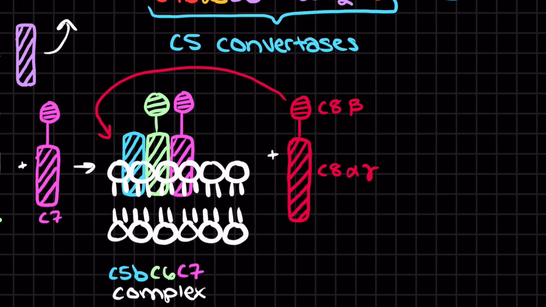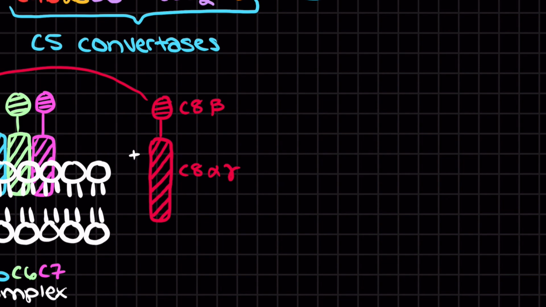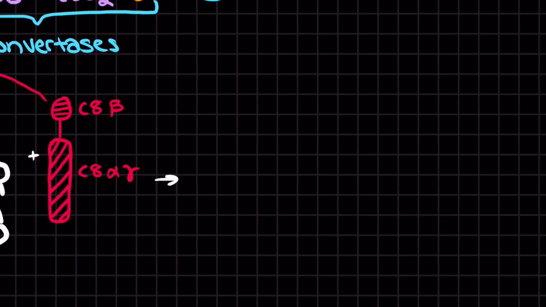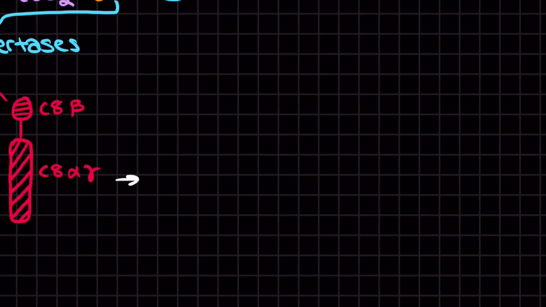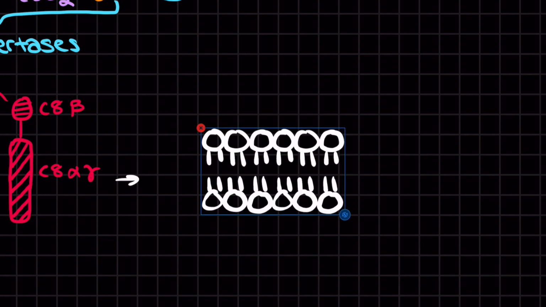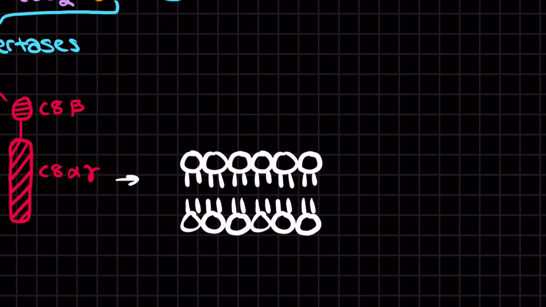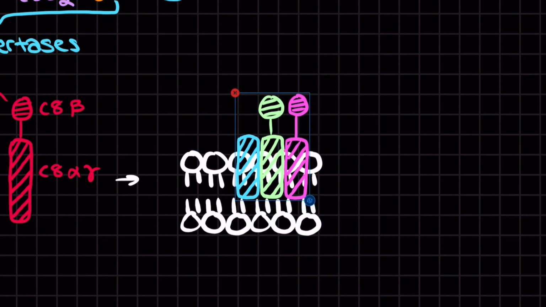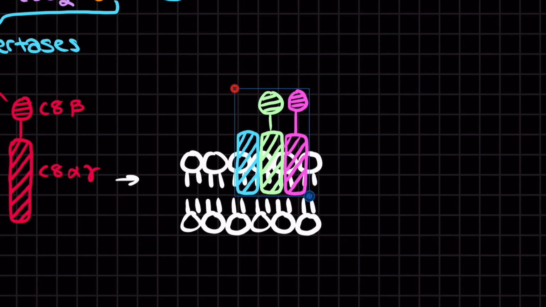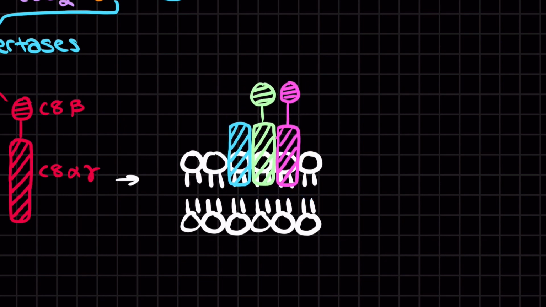This is going to allow for C8 to fully ingratiate itself into the microbial membrane. So if we draw out our complete complex as what we have so far, here's the microbial membrane. Here is our C5b, C6, C7 complex, and C8 is going to nestle itself in right here.